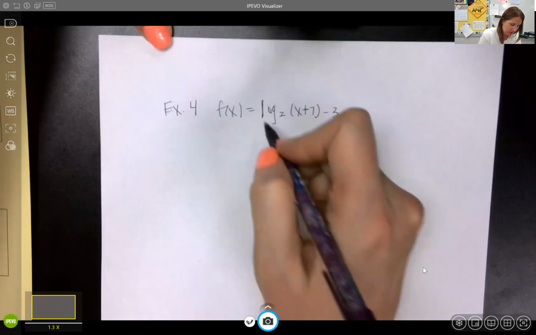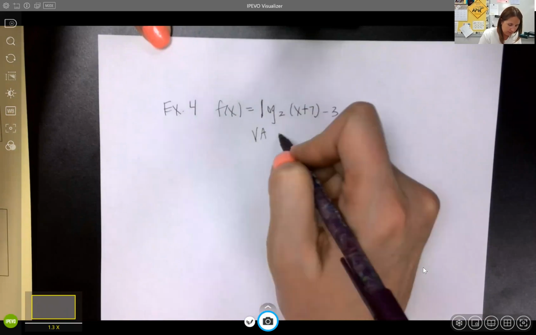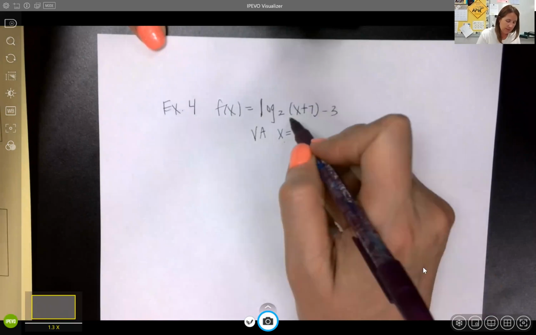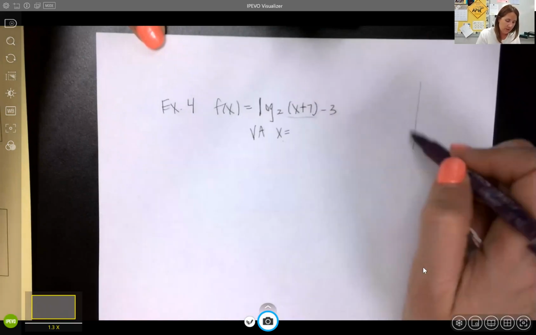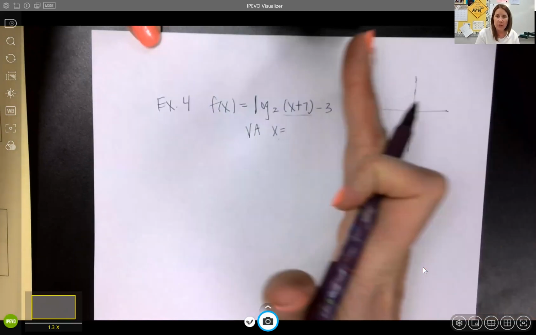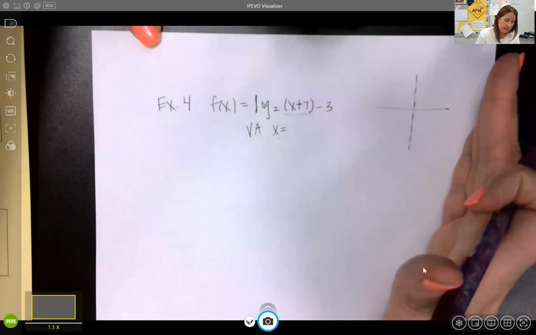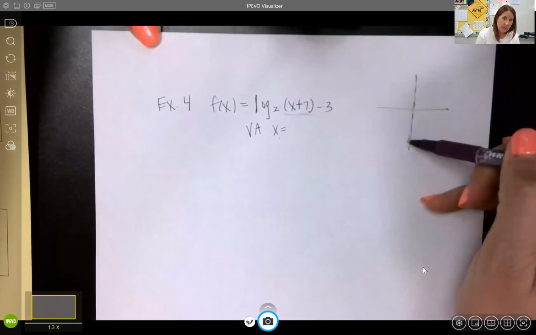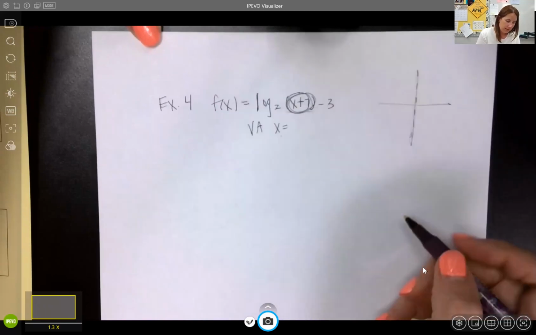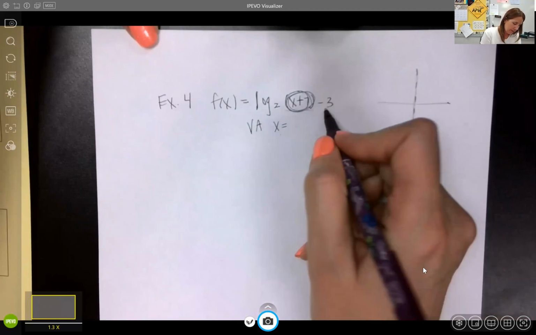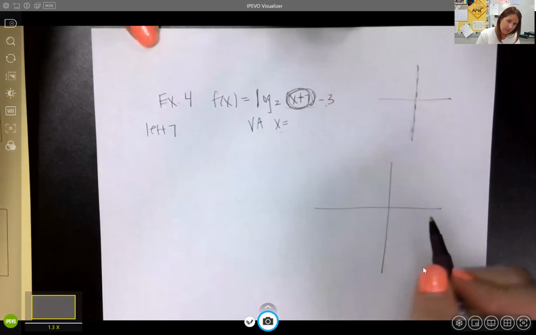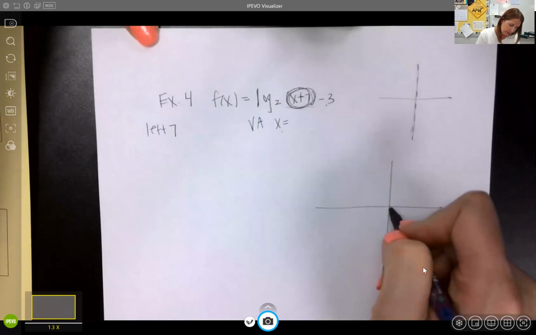So our vertical asymptote, when we do our asymptote for a log, we are looking at our horizontal shift, because if you look at a graph and you have an asymptote like this, if you move the graph over to the right or to the left, this line is going to move based off of this part of the function. So x plus 7, I'm going left 7. I'm going to take that asymptote that used to be at 0, and I'm going to move it 7.